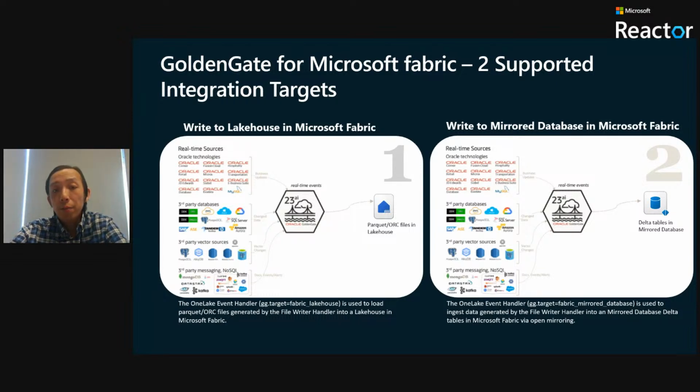Then in Fabric, for the mirror database, there is a compute engine running all the time to pick up those changes from the landing zone and convert and merge those changes into the data tables that are finally stored in OneLake for the mirror database. Then other engines in Fabric, such as the SQL analytics endpoint or Spark notebooks, can read those data tables directly.